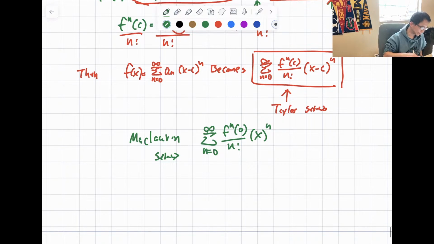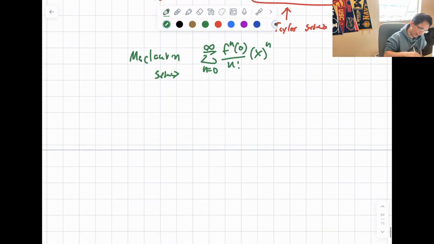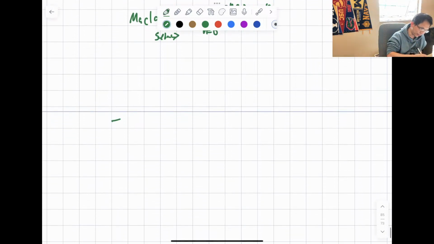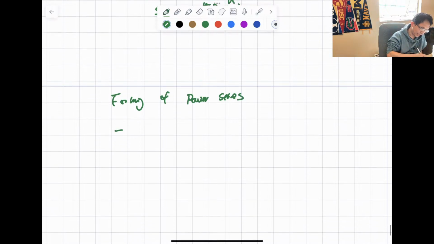All right. So we're going to find the power series. f of x is equal to sine of x.